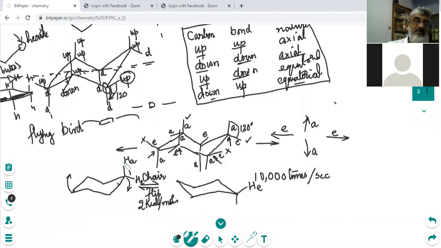This A, the axial bond, will become equatorial, and this equatorial bond will become axial. Okay, so during the chair flip, axial bond will become equatorial, equatorial bond will become axial.